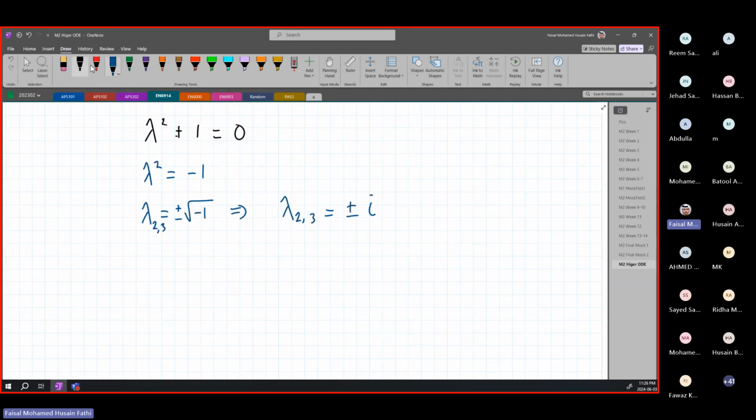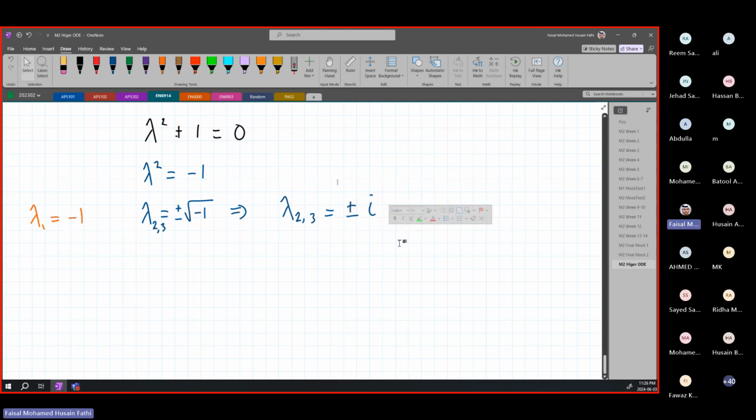We can find now our general solution because we have already found lambda 1 was equal to negative 1. So we have a real root and the complex root. Remember that this is simply just 0 plus i, it's the same thing. Okay, so you don't get confused.